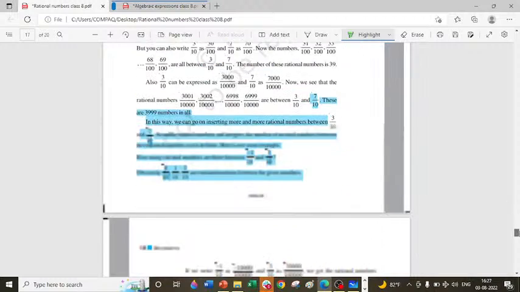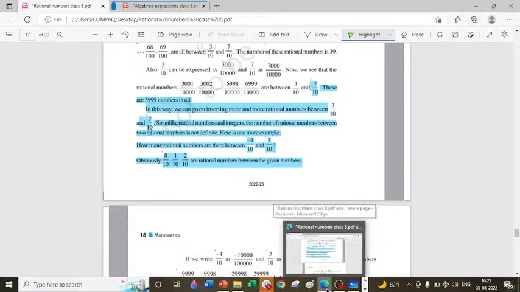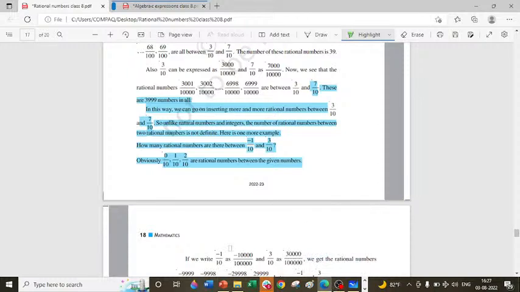Okay, so अब मैं कुछ examples लेती हूँ जिसमें मैं ये आपको समझाऊंगी कि हमें कैसे फाइंड आउट करना है रैशनल नंबर्स. सो अगर आपको कुछ नंबर दे दिया, जैसे कि लेट मी कम टू दिस.